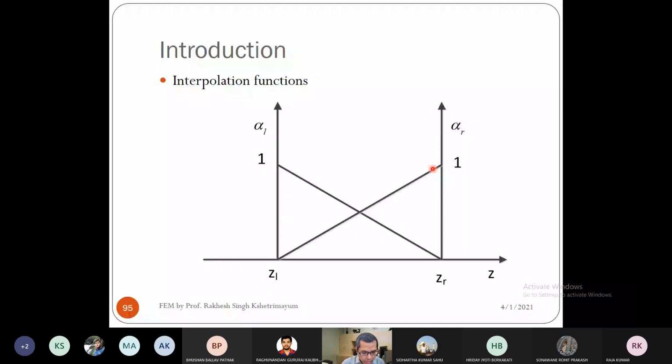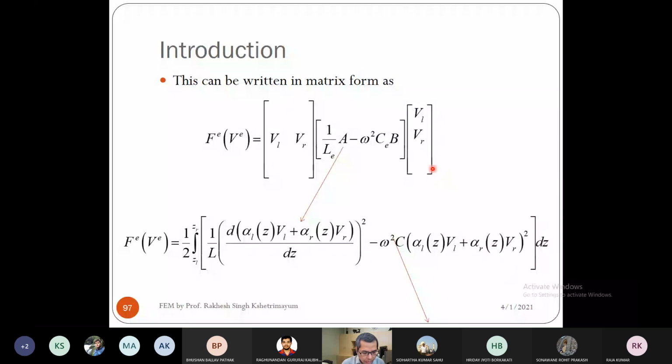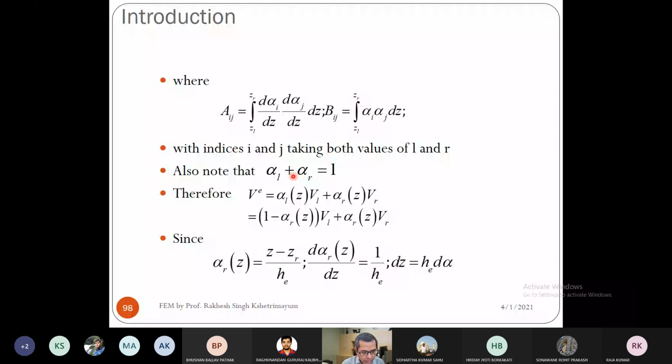So using that property, we can actually find a relation between alpha L and alpha R. Alpha L plus alpha R is 1. So you can write this B is alpha L BL plus alpha R BR. We can express alpha L in terms of alpha R as 1 minus alpha R, BL plus alpha R BR. So we can find out this derivative with respect to dz for alpha i and alpha j.